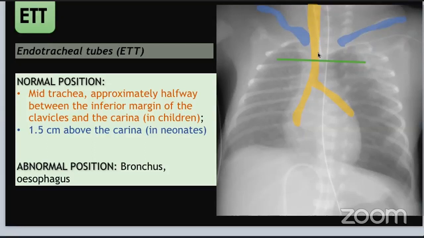And the yellow is the trachea and the main bronchi. And the green line here is the level of the endotracheal tube, which is in appropriate position. As I mentioned before, in neonates, we should take care about the position of the endotracheal tube because it will be about 15 millimeters above the carina.